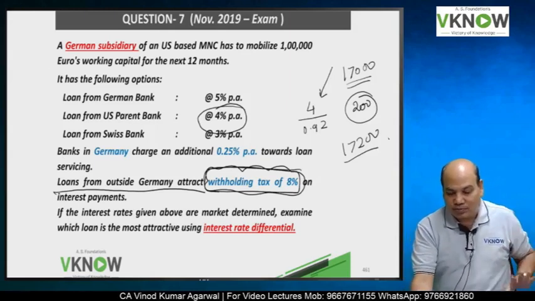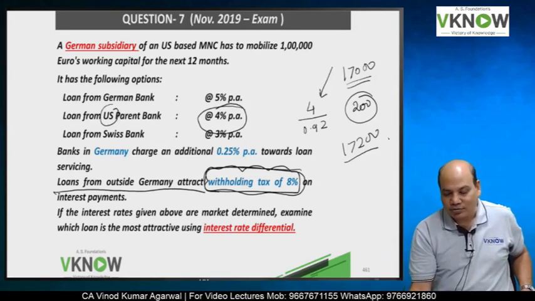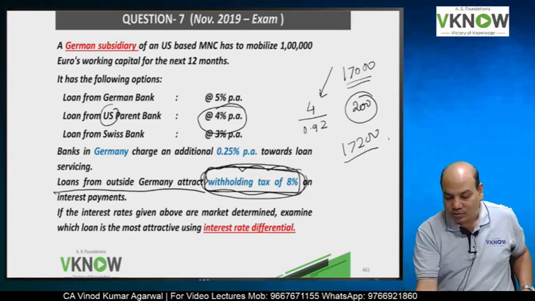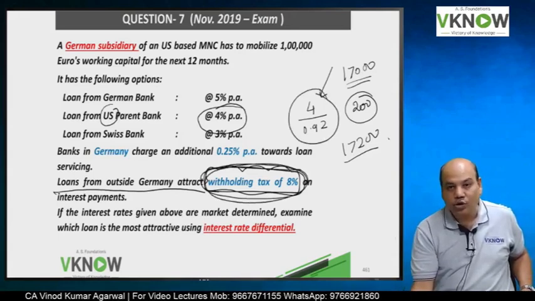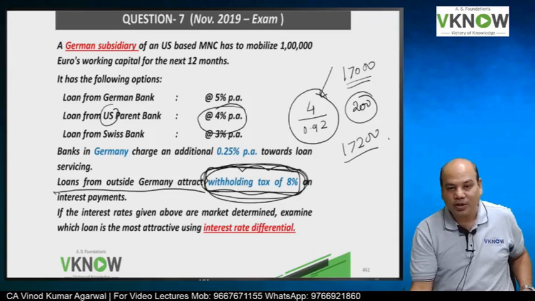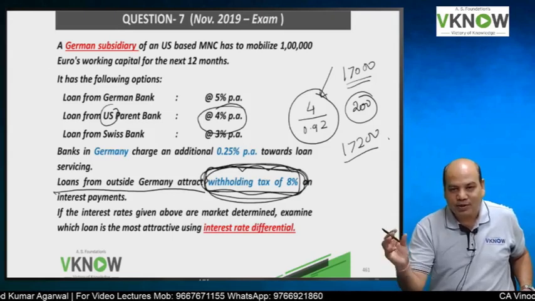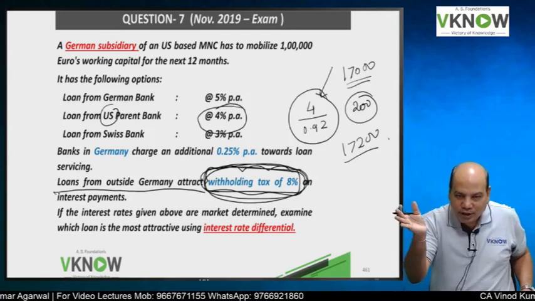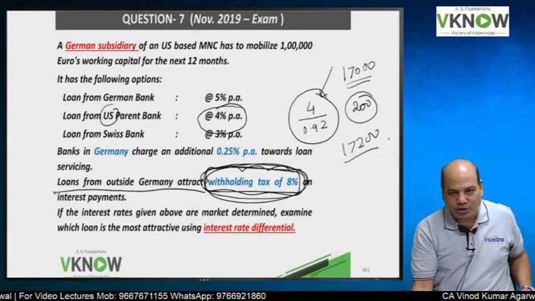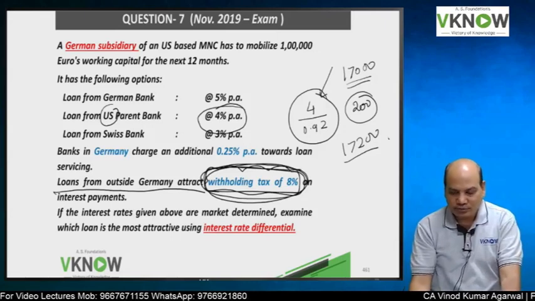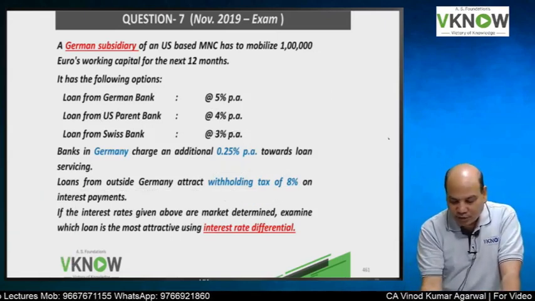So similarly, the US bank is saying we want 4% interest. So you have to bear the burden of withholding tax. So my effective cost will actually go up: 4 divided by 0.92. So that when I pay that higher amount and deduct 8%, the other party will get 4% only. Is it right? Similar to my office example.